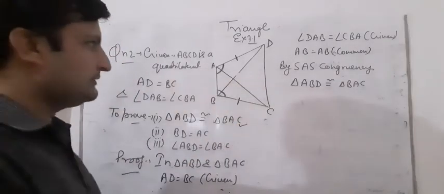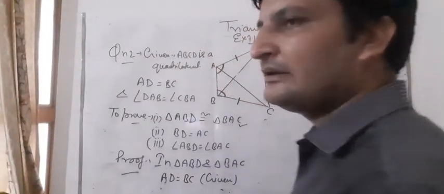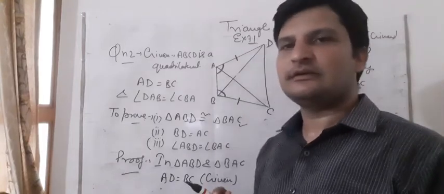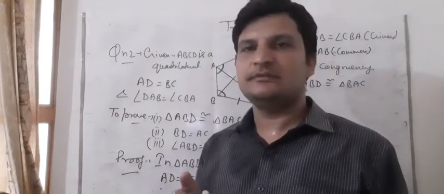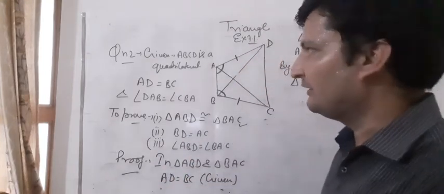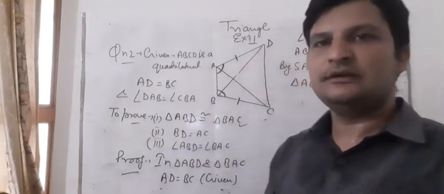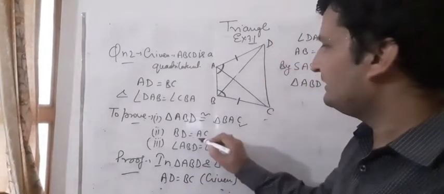Now the second part is BD is equal to AC. Now students, I have told you that when two triangles are congruent to each other, each of the parts are congruent to each other. So by CPCT, I have told you that CPCT means corresponding parts of congruent triangles. When two triangles are congruent, then all their corresponding parts will be congruent to each other. So we have to prove that BD is equal to AC.